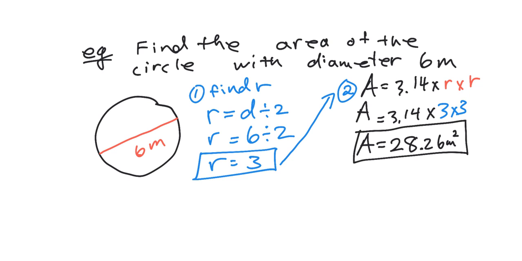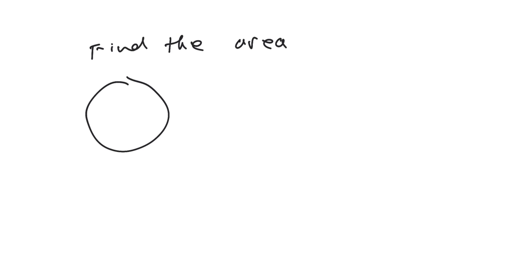All right, let's try this one more time just to make sure we got it right. So, find the area. Imagine I give you the circle here, right? And this time, the distance across my circle is, let's say, 5 centimeters, right?